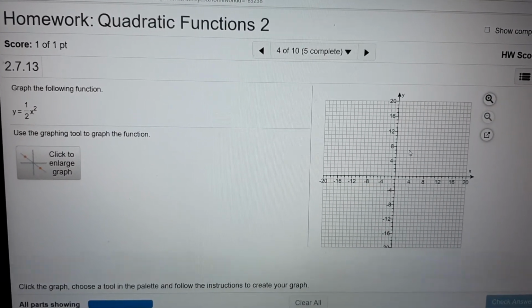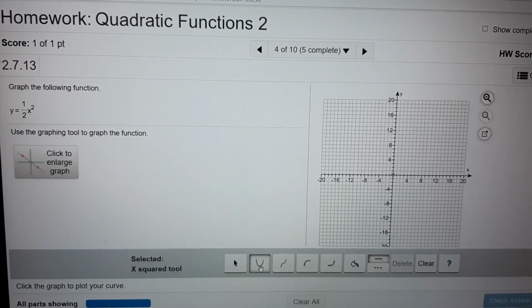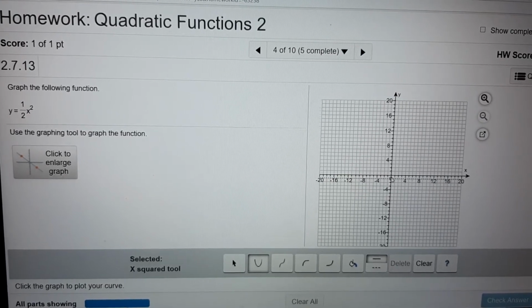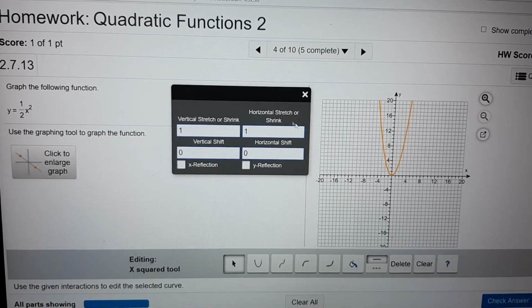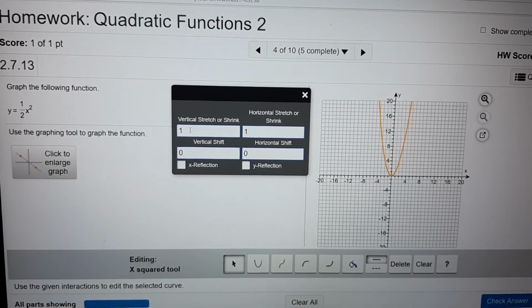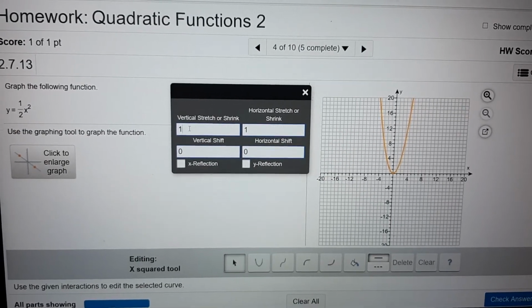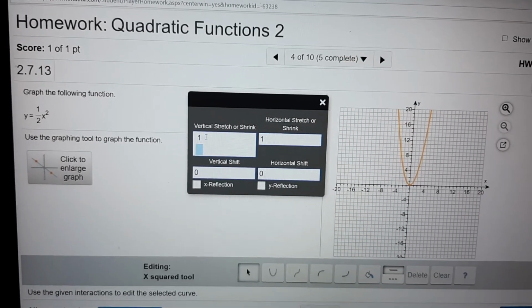Okay, click on the graph, step 1. Go down, choose parabola, step 2. Go up here, click on 0, 0, because h and k are 0, right? We're not shifting the graph anywhere. We're just going to vertical stretch or shrink. And all we do is click on that, and it's got the 1 there. I just hit the slash, and it gives me a divided by, and I put in the 2.